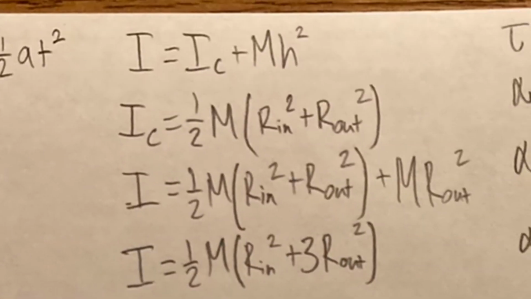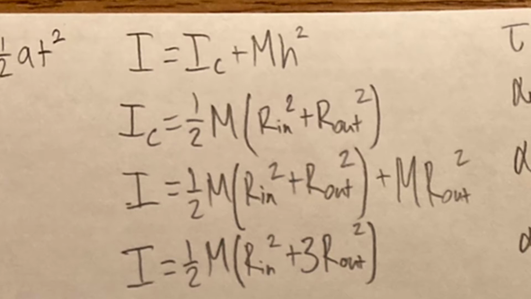Next, we're going to have to find what a is, but first we need the rotational inertia for the unrolling roll, and we're going to use the parallel axis theorem because it's not rotating about the center, it's rotating about the edge. So that is I equals I center of mass plus mh squared, and the rotational inertia about the center of mass for a ring is 1/2 m times radius of the inside squared plus radius of the outside squared.